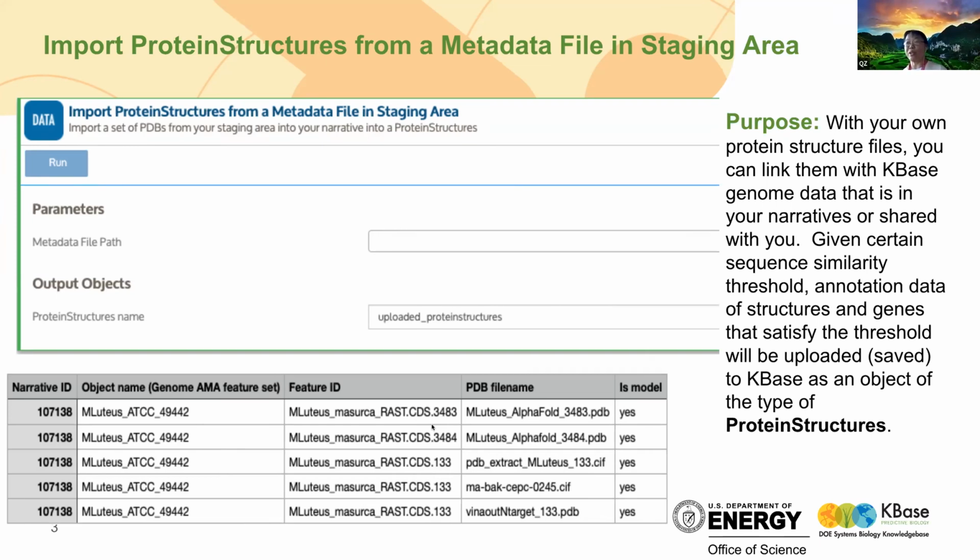Remember, Chris was showing you can upload your data into the KBase staging area, not only this input file, but also all these structure files you need to load into the staging area in order to run this app. So that's the purpose: eventually, if a certain similarity identity threshold is met, then you want to upload this into, as I said earlier, the protein structures data object.